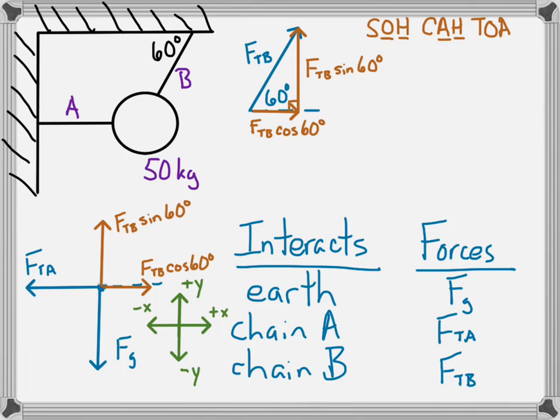As long as we keep their same magnitude and their same direction, they don't care where they're placed. Okay, now all of these vectors are along one axis or another, which means I can go on to step number 5, which is to write Newton's second law for the x direction and the y direction.